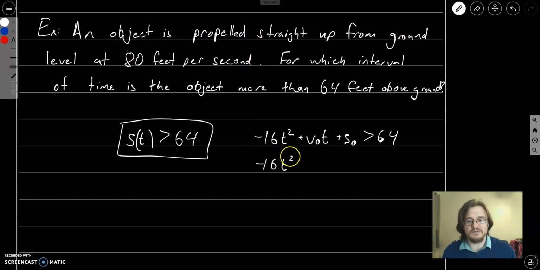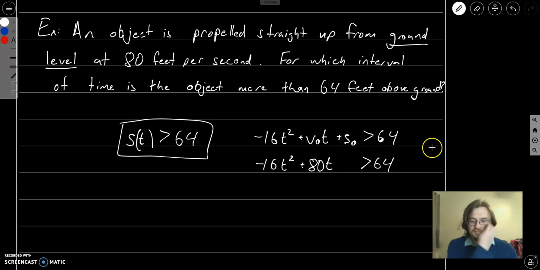So v naught here is going to be 80. If the speed was going down, we would want a negative speed. And the initial height of the function, we're going right up from ground level. So we're starting right at the ground. So the height in feet is going to be 0. So we want to know, when is this greater than 64?